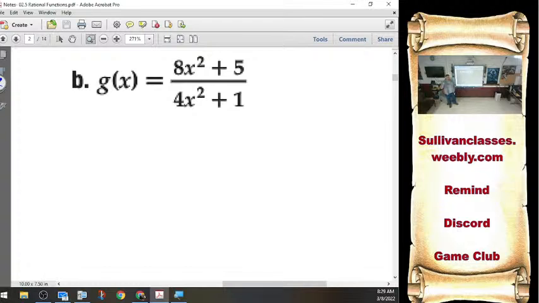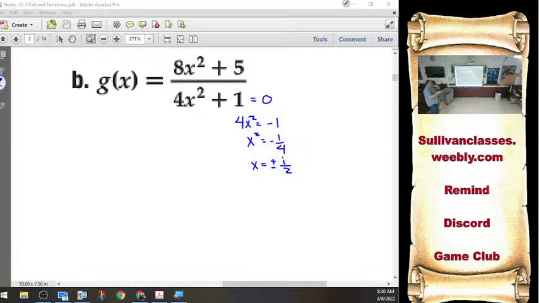Okay? Again, domain. Set your denominator equal to 0. So where's my vertical asymptote? Non-real. There are no real numbers that are going to make the denominator 0. So there's no vertical asymptote.